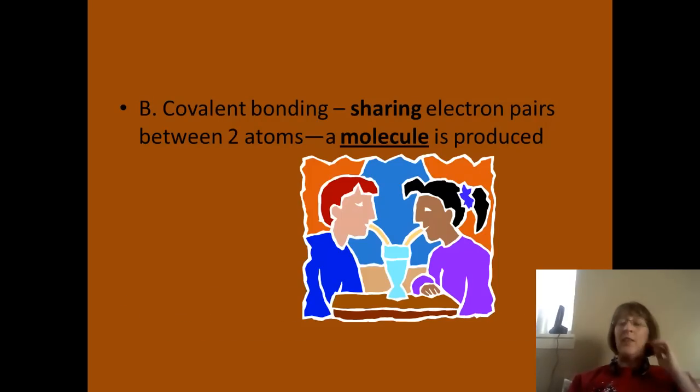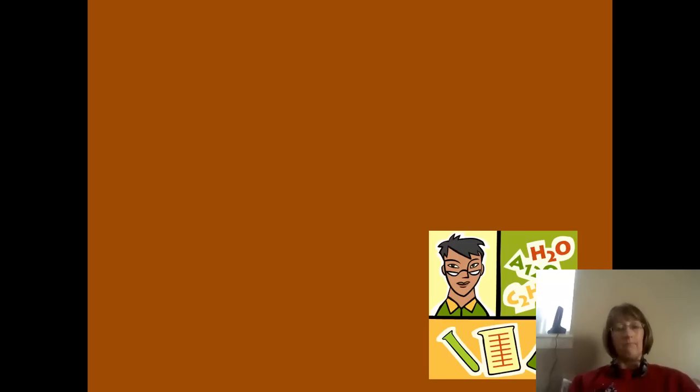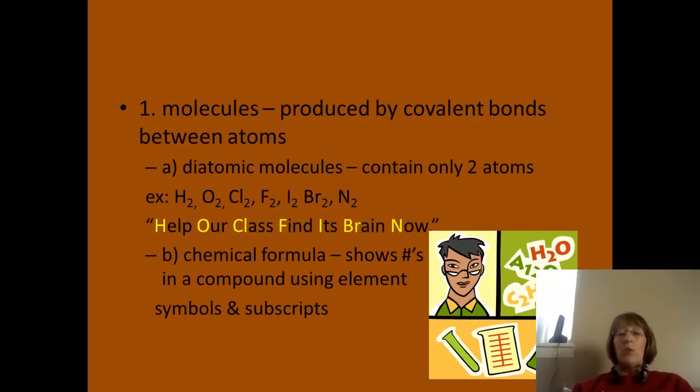Covalent bonding is when atoms share electron pairs between two atoms and you get a molecule that's produced. Molecules are produced by covalent bonds between atoms. There are some diatomic molecules that you're going to need to know. You're going to need to stick them into your brain and keep them there. These are elements that, in their pure form, are never by themselves.